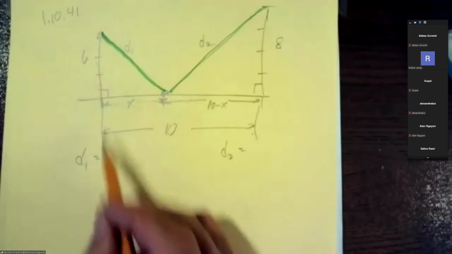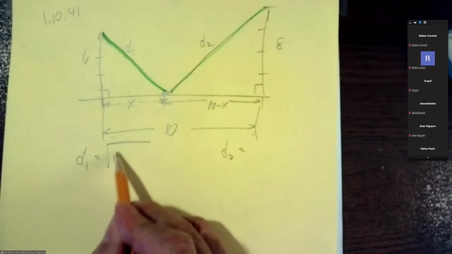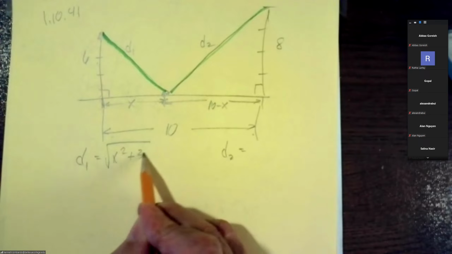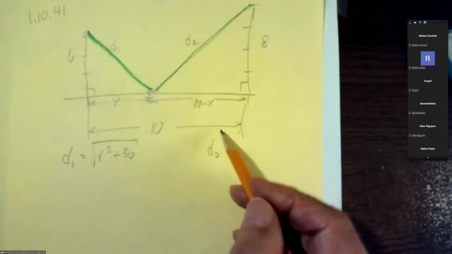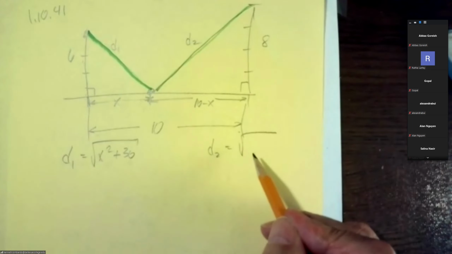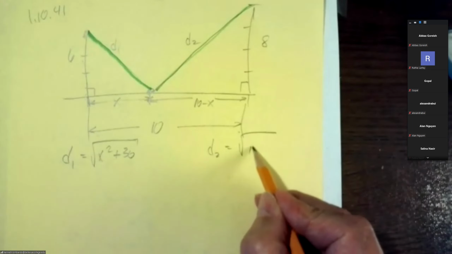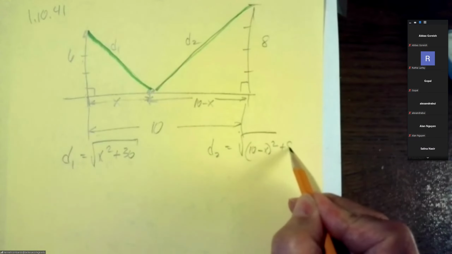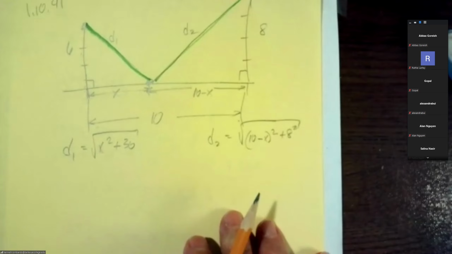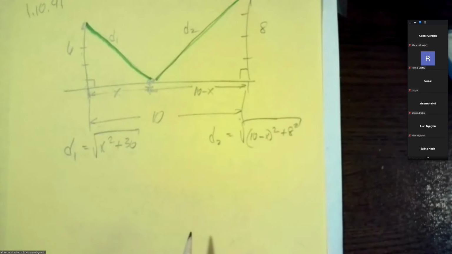So D1 equals the square root of X squared plus 6 squared, which is 36. How about this value over here? If I call this D2, that's going to be the square root of 10 minus X squared plus 8 squared. That look right?